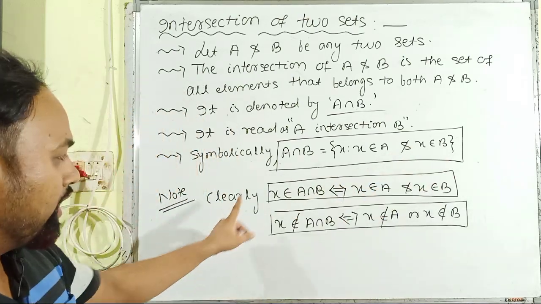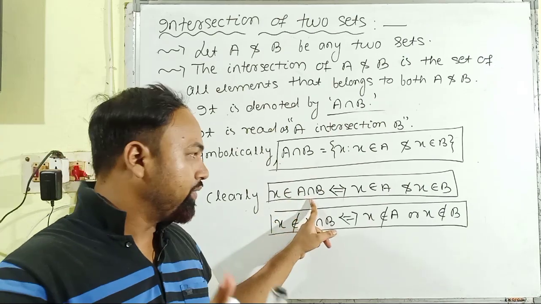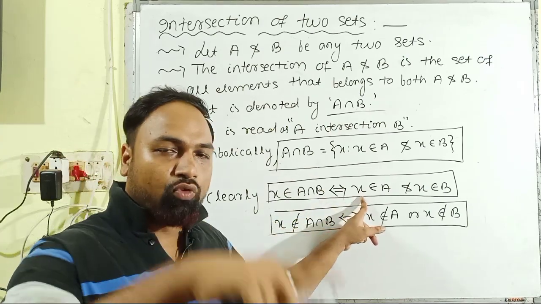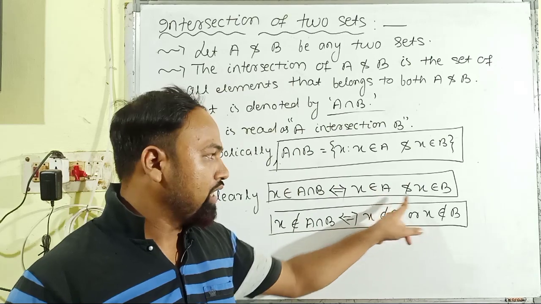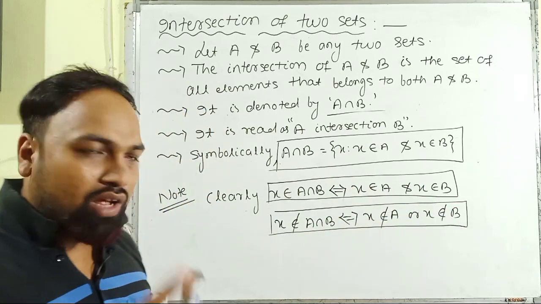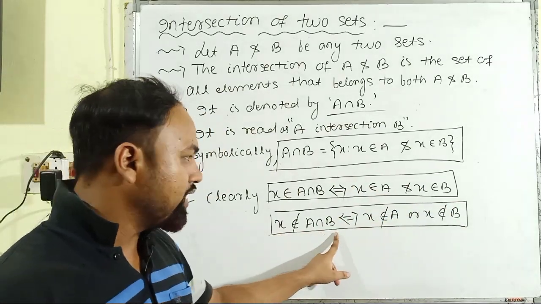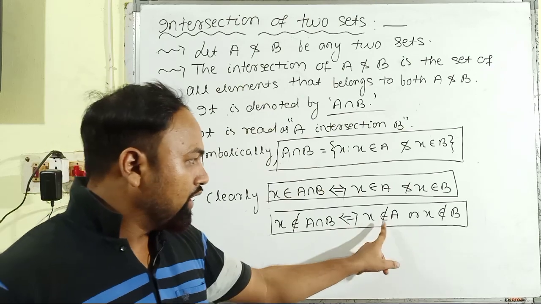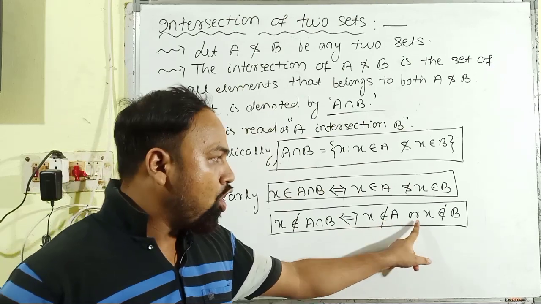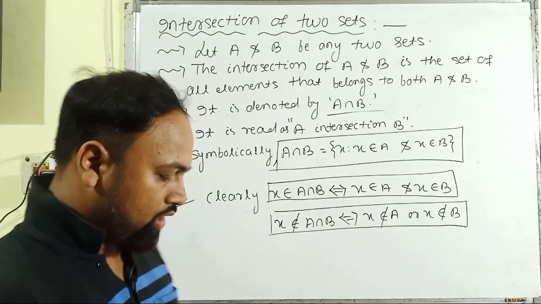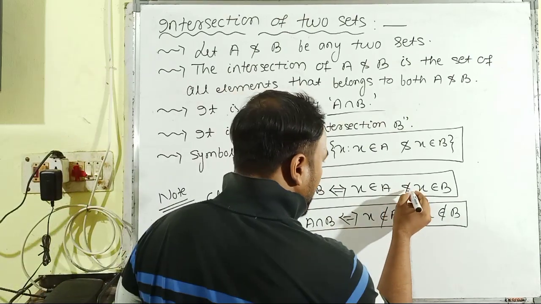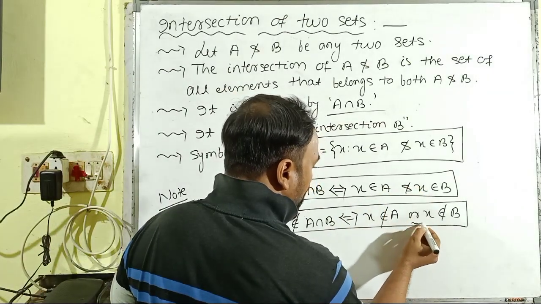Clearly, if x belongs to A intersection B, that means x lies in both the parts, in the first set as well as in the second set. But whenever x does not belong to A intersection B, that means x does not belong to A or x does not belong to B. You have to be careful about the two words, and here it is "or".